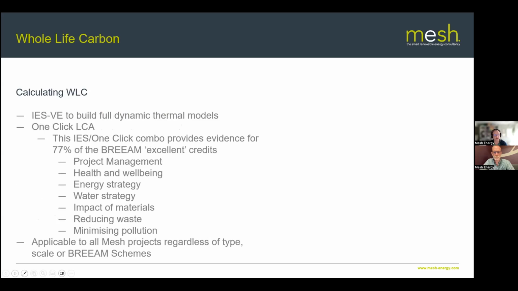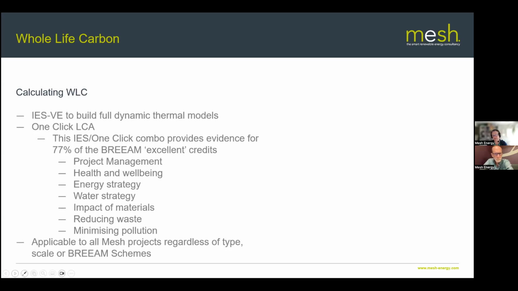So the way we work at Mesh is that we use a platform called the IES Virtual Environment. We use that to build full dynamic thermal models. And we can use that for a number of reasons. It can be used for heat loss calculations, overheating, understanding indoor air quality, looking at passive design. But what it does enable us to do is interface with a globally recognized platform called One Click LCA.